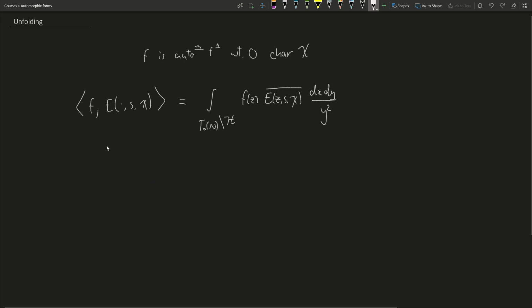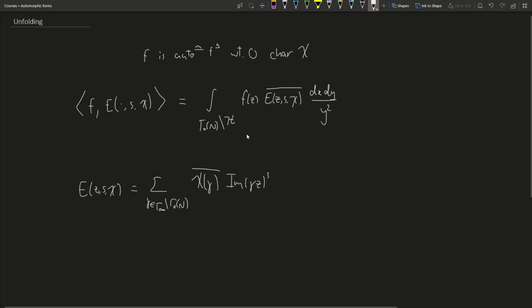And when I write E(z, s, χ), I'm thinking of the Eisenstein series at infinity, and I'm going to use the series definition. So this is a sum over γ in Γ_∞ mod Γ_0(N), Γ_∞ being the stabilizer of the cusp infinity. And here we had χ(γ) bar times the imaginary part of γz to the s.